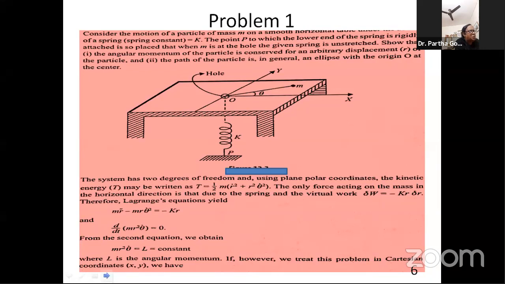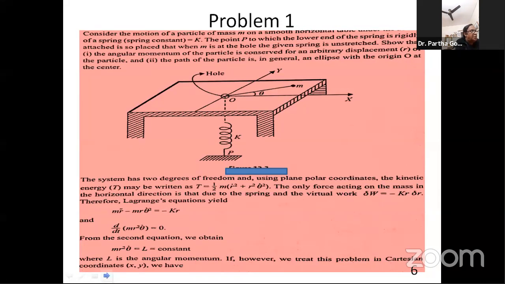These two equations are obtained by taking one of the q's to be r and the other q to be theta.